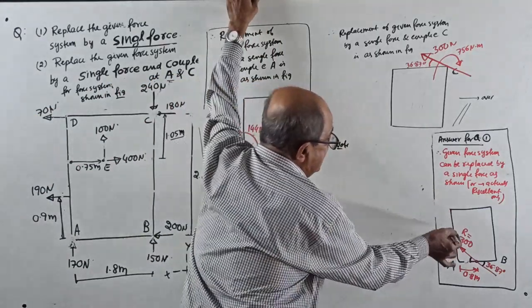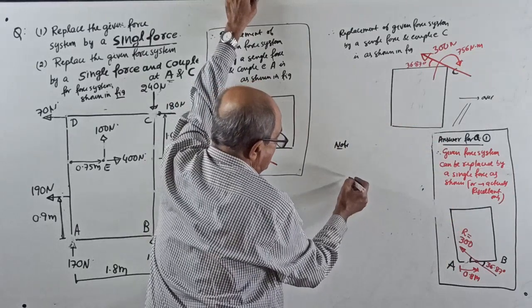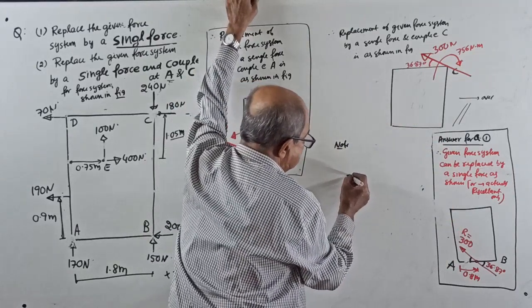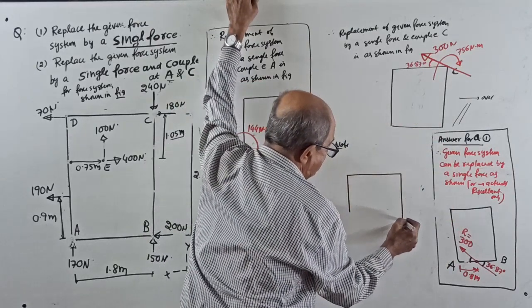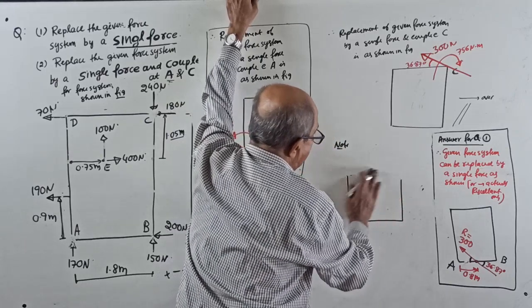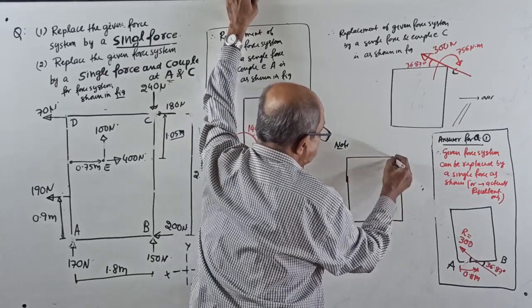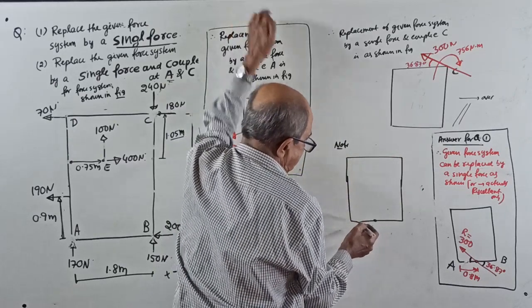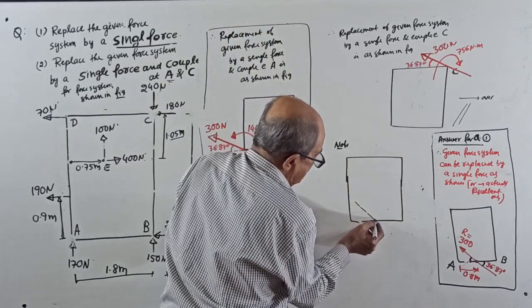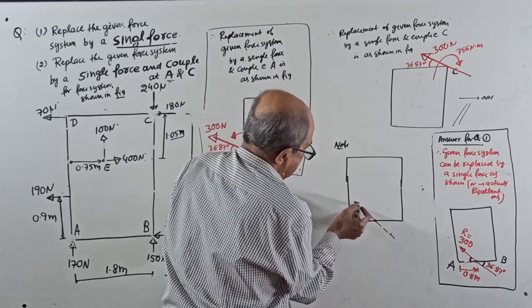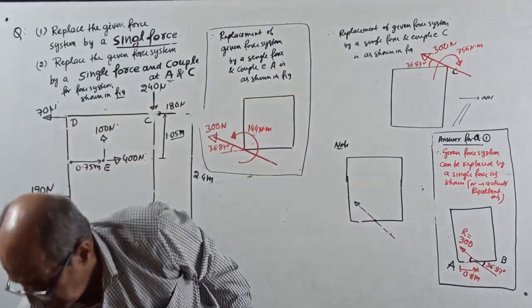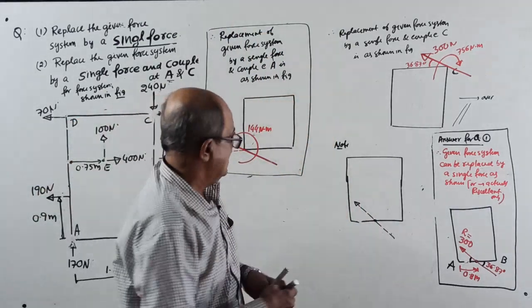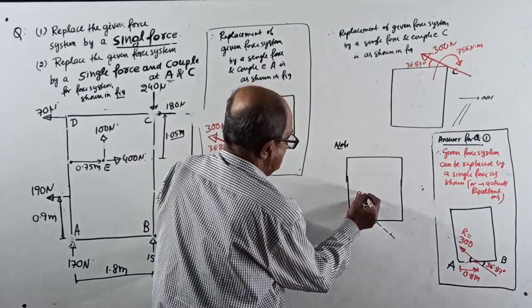I am now linking this one with these two. See, first we found the resultant completely. If you remember, at that time in the first question, the resultant came here. This is the resultant R. Answer is 300.